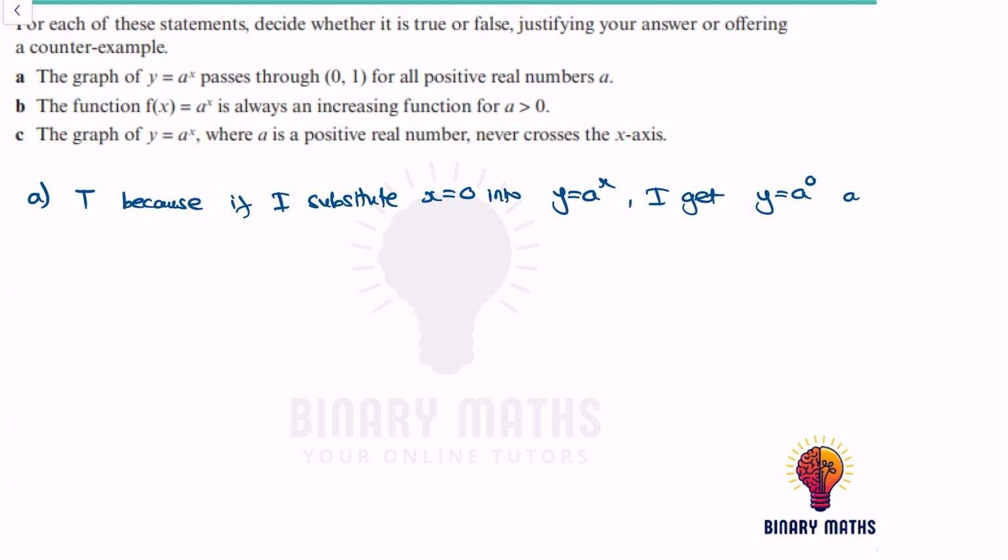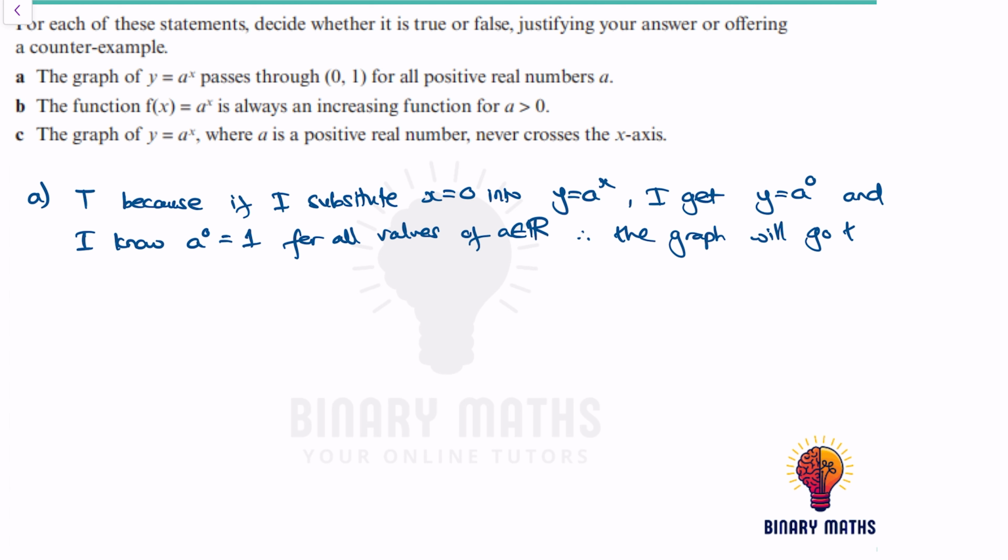And I know a to the power of 0 is equal to 1 for all values of a that are elements of the reals. Therefore, the graph will go through 0, 1 for all a that are elements of the positive reals. I should write true.